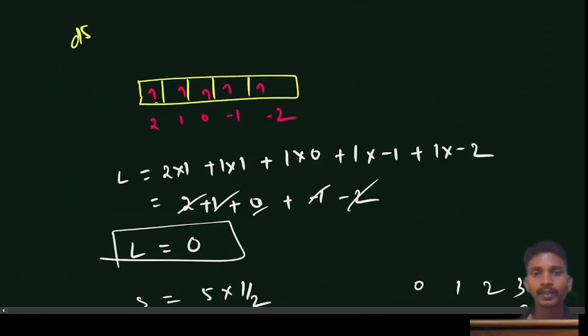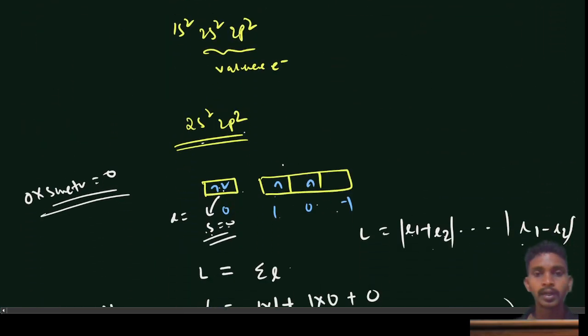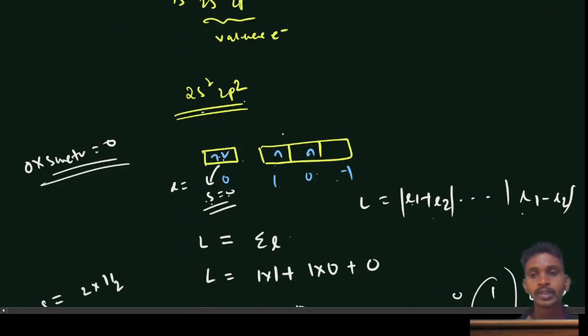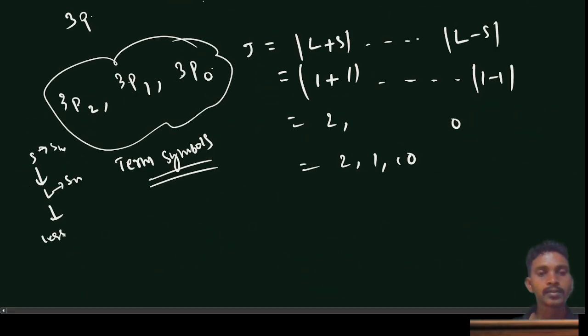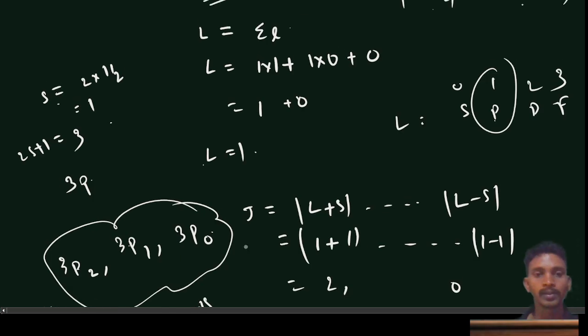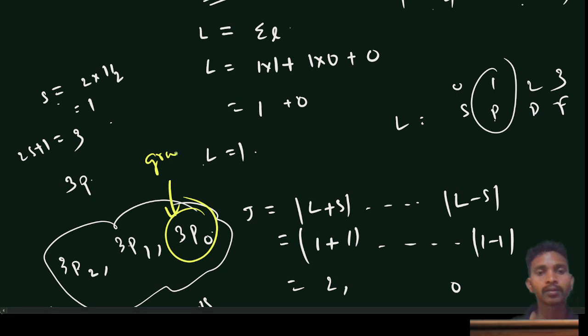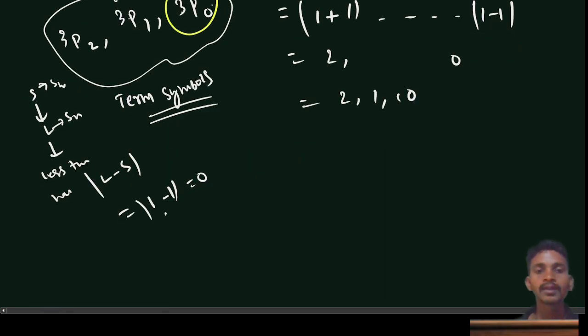Here we see that this is less than half filled, so then l minus s. So l is 1 and s is also 1, so this is going to be 0, so this will be the ground state. This way we can calculate which is the ground state, and all the others are excited states.